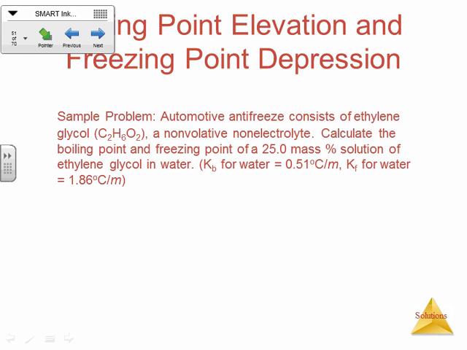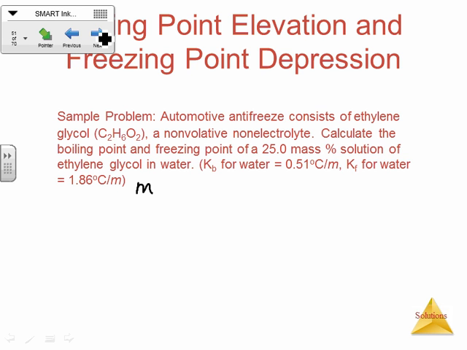So you've got this antifreeze, which is ethylene glycol mixed with water, okay? And it's a 25.0 mass percent solution, okay? And we want to know the boiling point and the freezing point here, all right? So in order to do that, the first thing we're going to have to do is calculate the molality of the ethylene glycol in that solution, right?